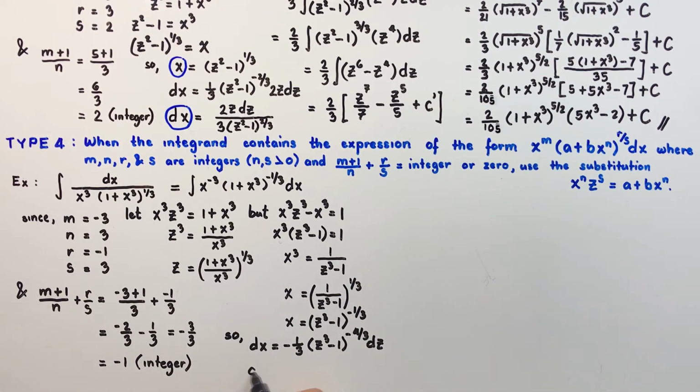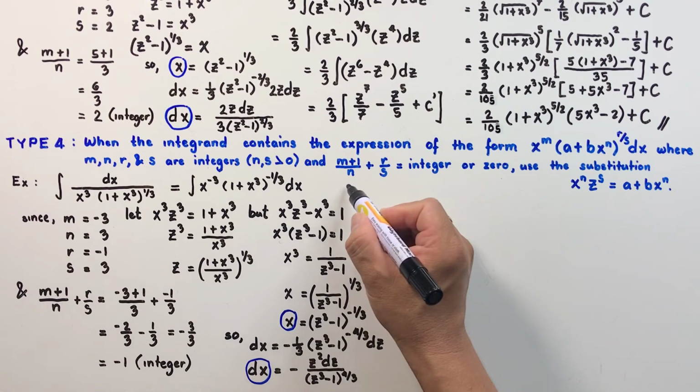So, simplifying our dx, we have negative of z squared dz over z cubed minus 1 to the exponent of 4/3. So these are our representations of x and dx here.